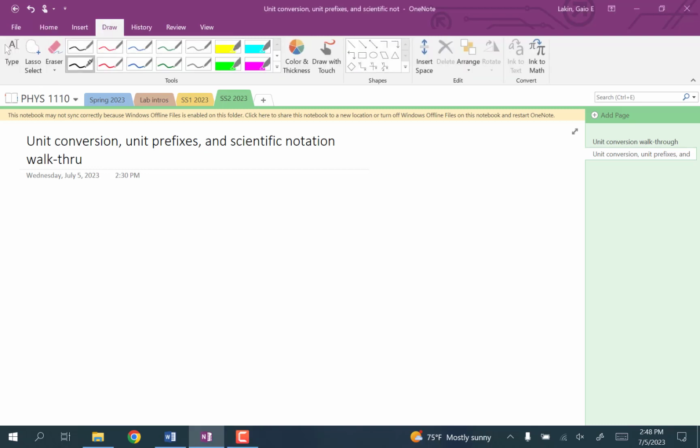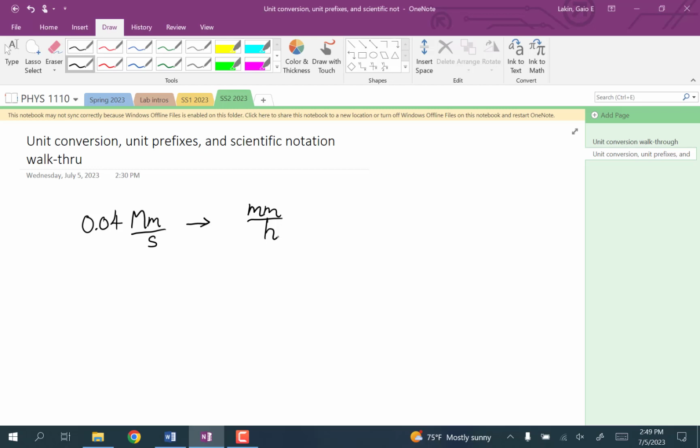Okay, so let's start with a value of 0.04 megameters. You don't hear that very much, but per second. And let's say that we want to convert that into units of millimeters per hour.